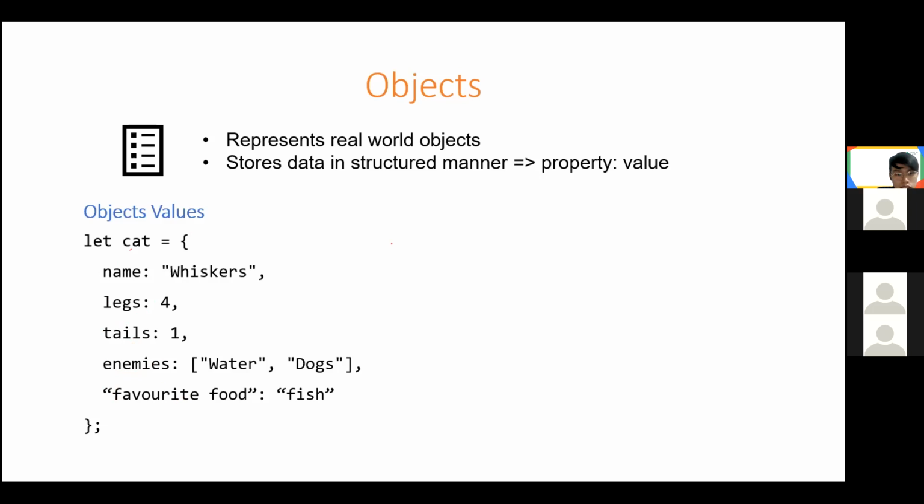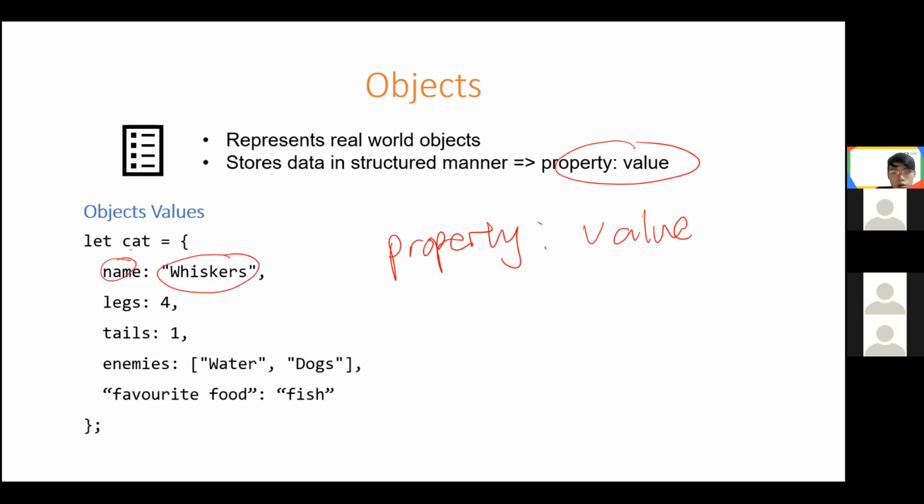So in an object, we have a property-value pair. I've written it over here. So for example, name is a property. This is its value. And then I will do a comma and another property. You see a comma and another property over here.